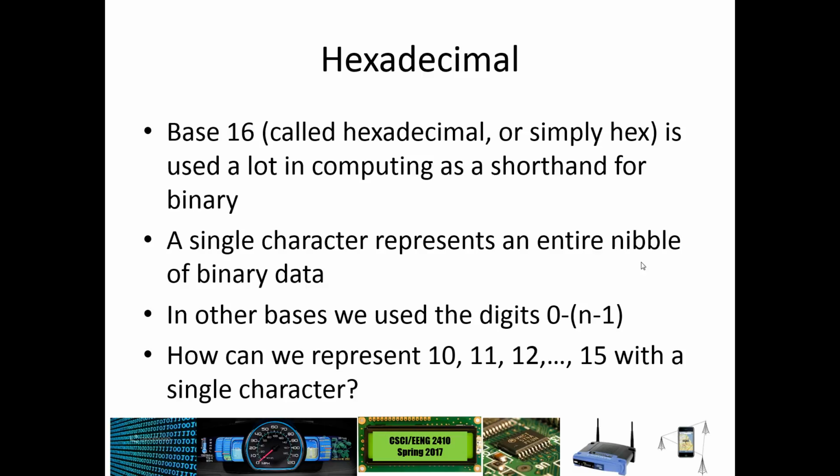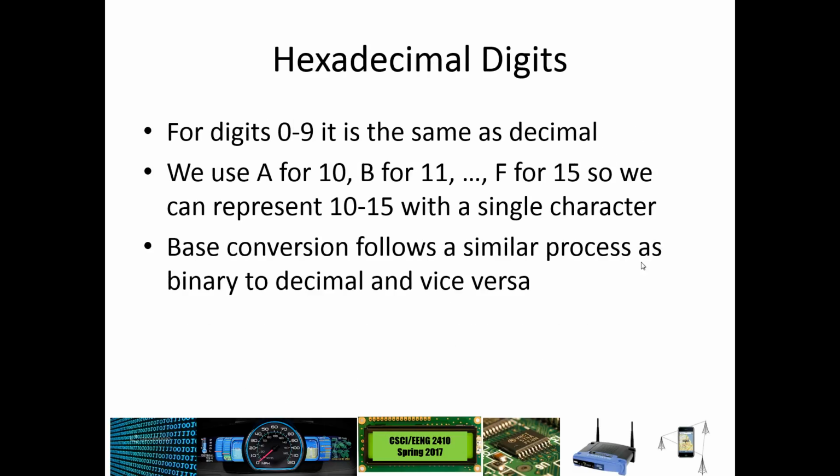And so what we do in hexadecimal is when we want to represent 10, 11, 12, 13, 14, and 15, we actually start using letters. And so for 0 through 9, it's the same as the decimal number system, but for 10 we use A, for 11 we use B, all the way up through F for 15.